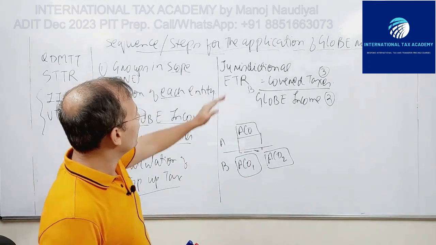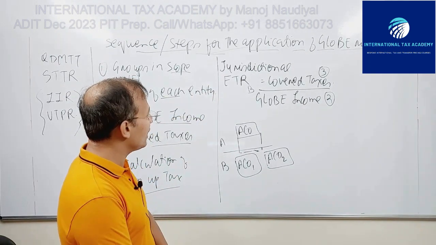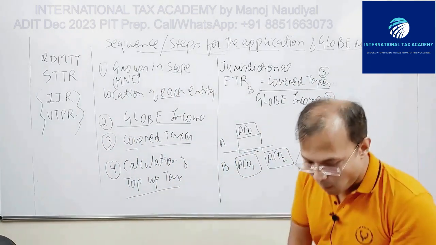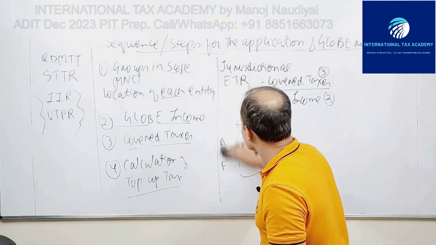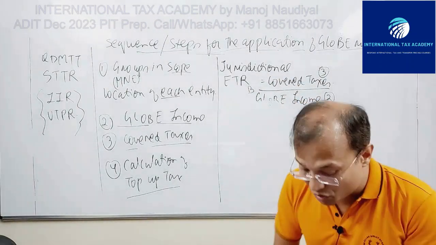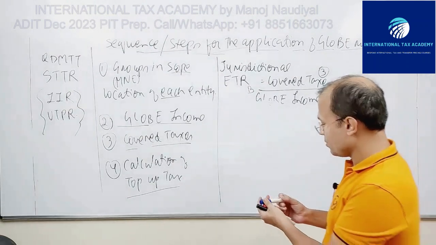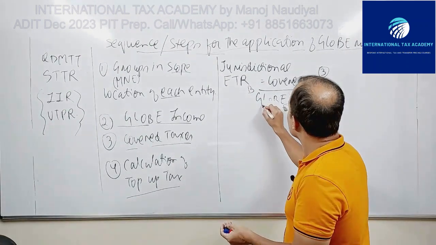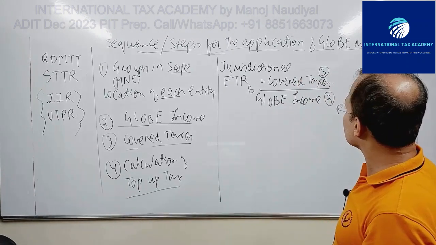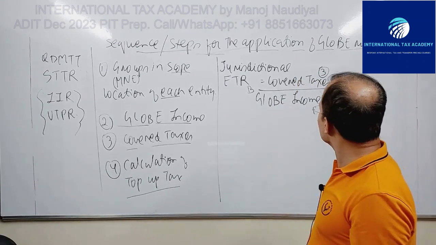Fine. Okay. Jurisdictional ETR done. Covered taxes, GLoBE income done. Second step: after you have calculated the jurisdictional ETR and GLoBE income, then what do you do?